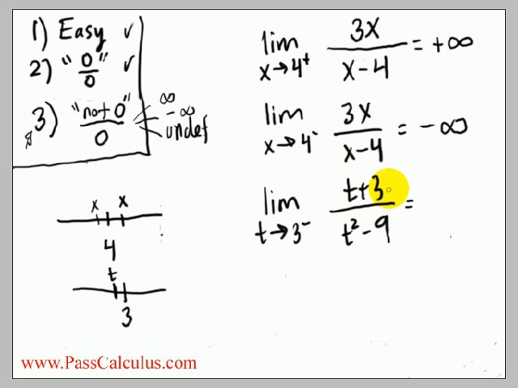If I take 2.99 and square it, I get a number just a little bit smaller than 9, so subtracting 9 gives a small negative number. So I have 6 divided by a small negative number, which is a large negative number. So my answer is minus infinity.